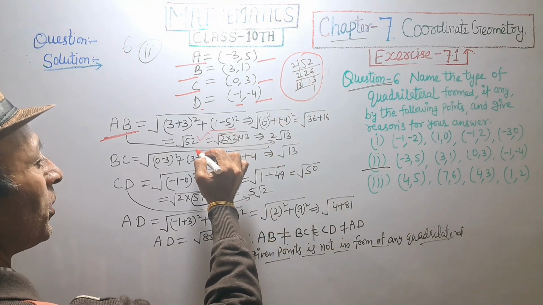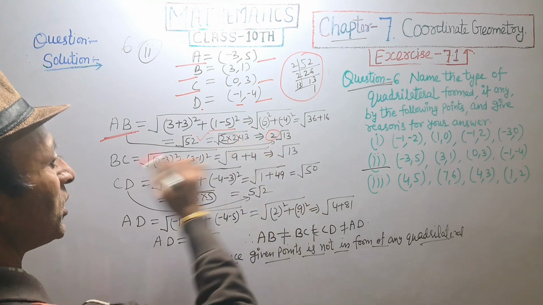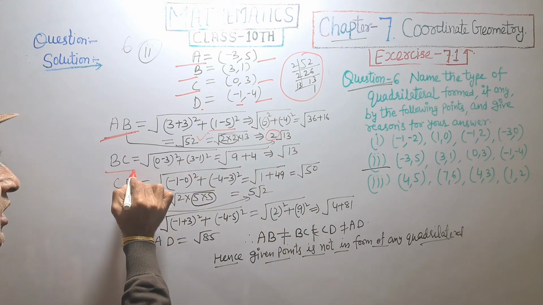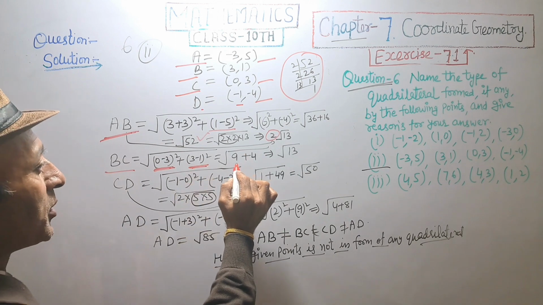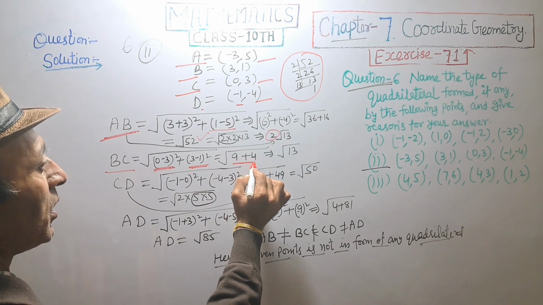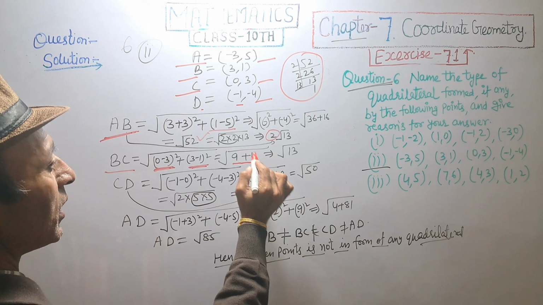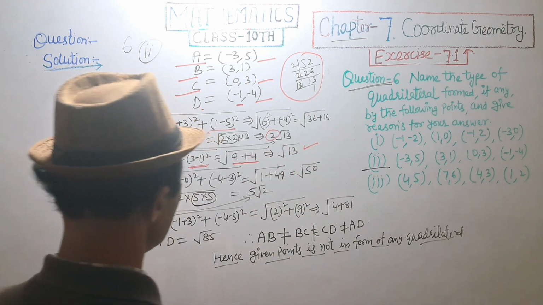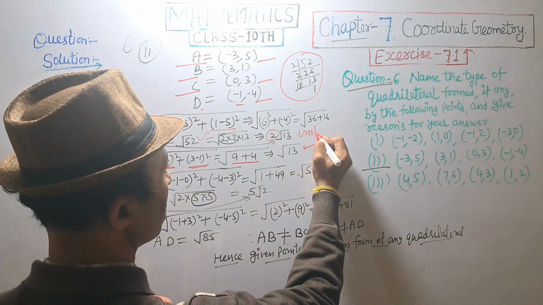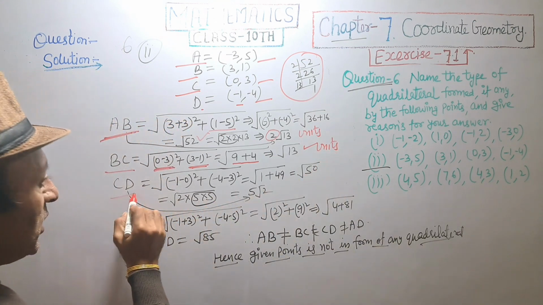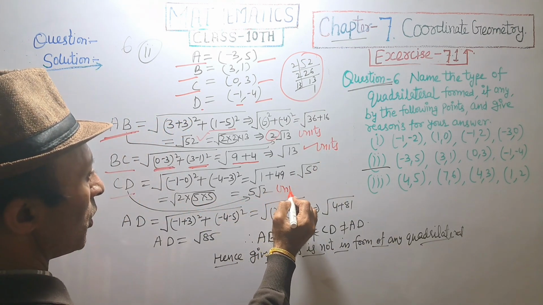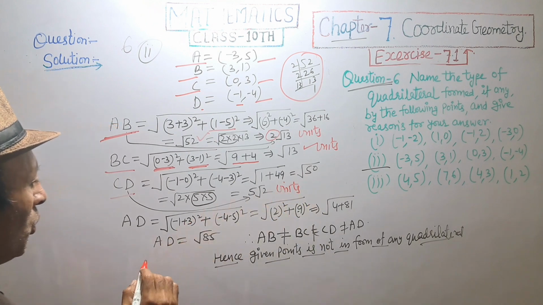A pair of 2 is taken common. BC is equal to (x2 minus x1) square plus (y2 minus y1) square: 3 square 9, 2 square 4, 9 plus 4 is 13 units. And CD is equal to 5 root 2 units.